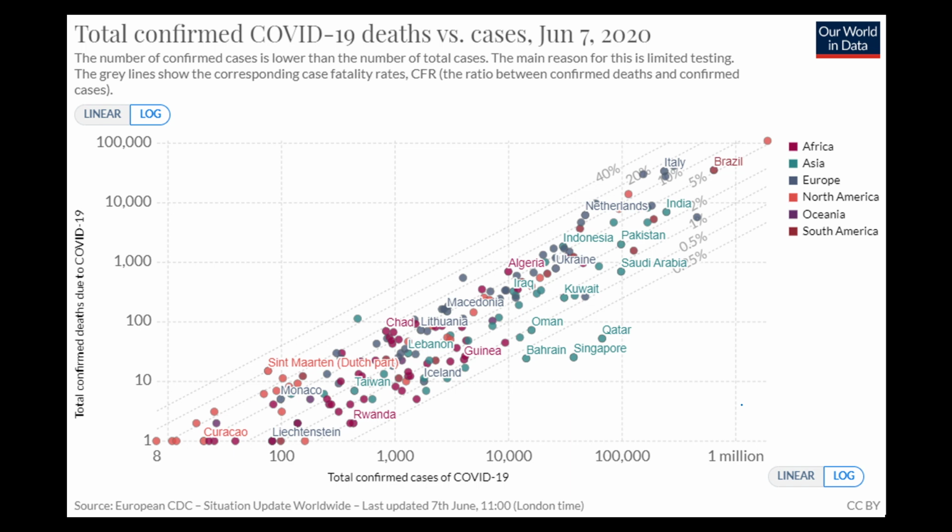Again, not all of this data is the most accurate because there's limited testing for this disease right now, but you are seeing a positive association in this data. I got all of these real-world scatter plots from a website called ourworldindata.org, and I searched for articles by topic.